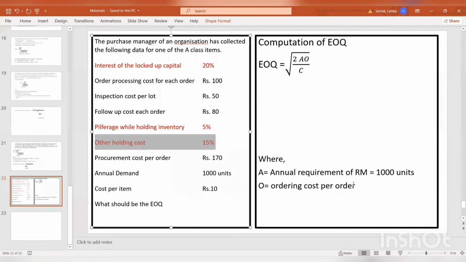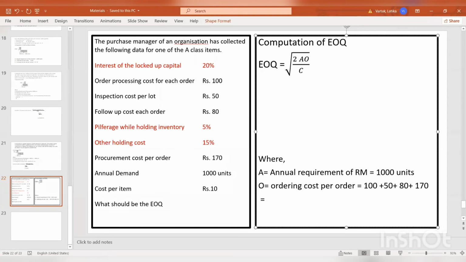So your ordering cost directly we will take is equals to 100 plus 50 plus 80 plus 170, and it equals to, we'll total it up, 100 plus 50, 150 plus 80, 230, 230 plus 170 is 400.